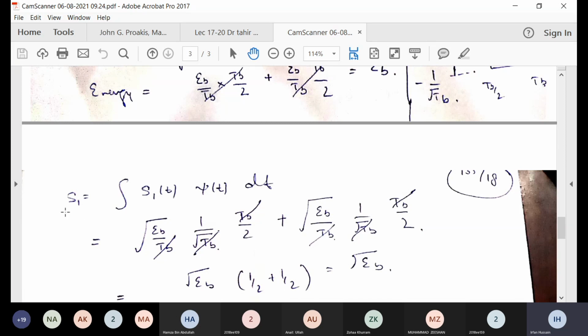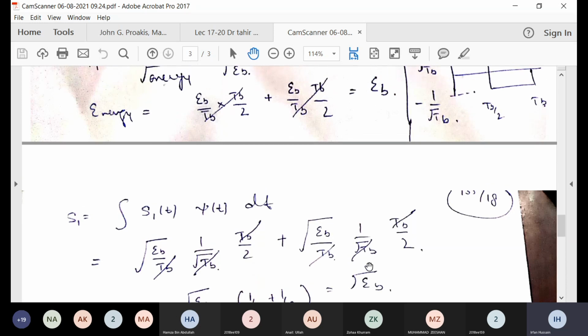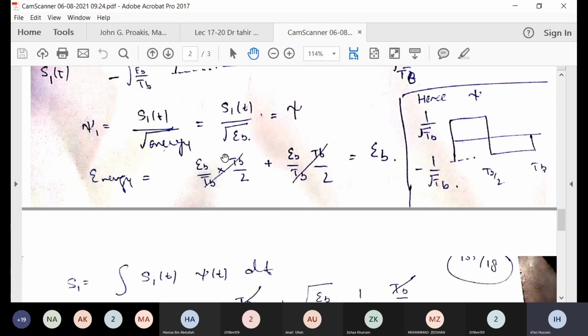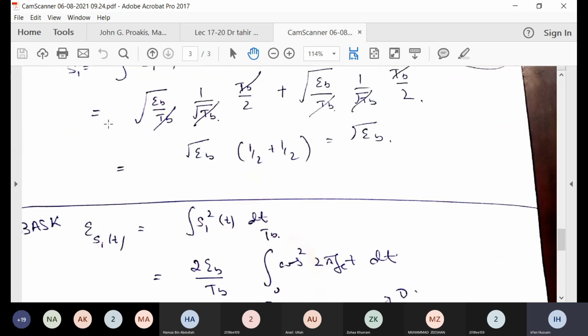The projection of S1(t) onto psi(t) comes out to be under root Eb. And you can also see from here S1(t) is equal to under root Eb into psi1. So under root Eb is enough for it to be represented.